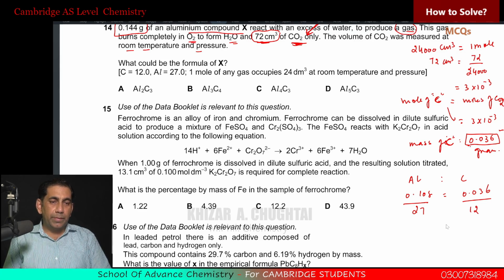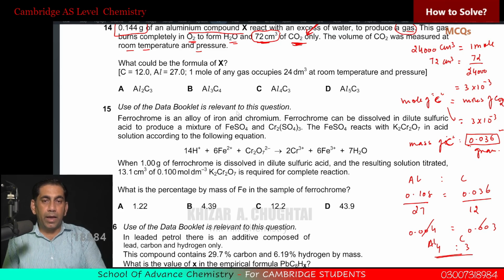So what will be the answer over here? Let's see. Its answer is 0.004, and the other is 0.003, and the simplest ratio will be 4:3. So aluminium is equal to 4, carbon is equal to 3, and C is the correct option.